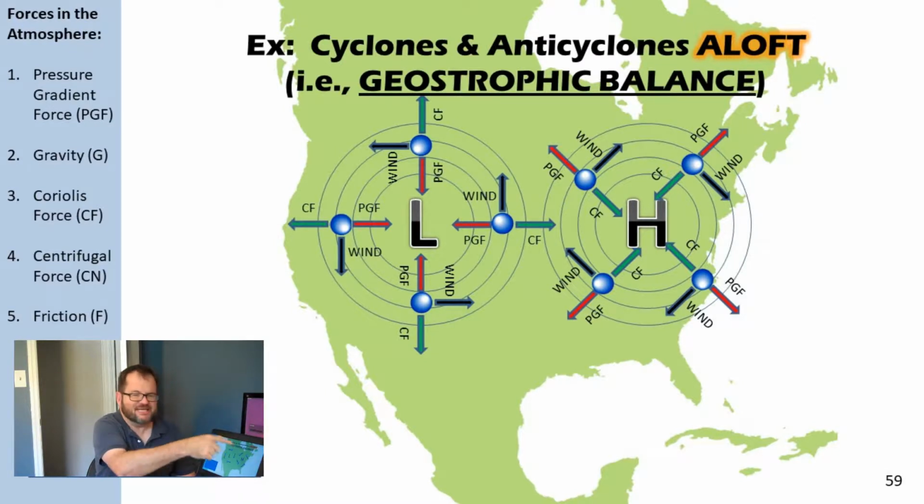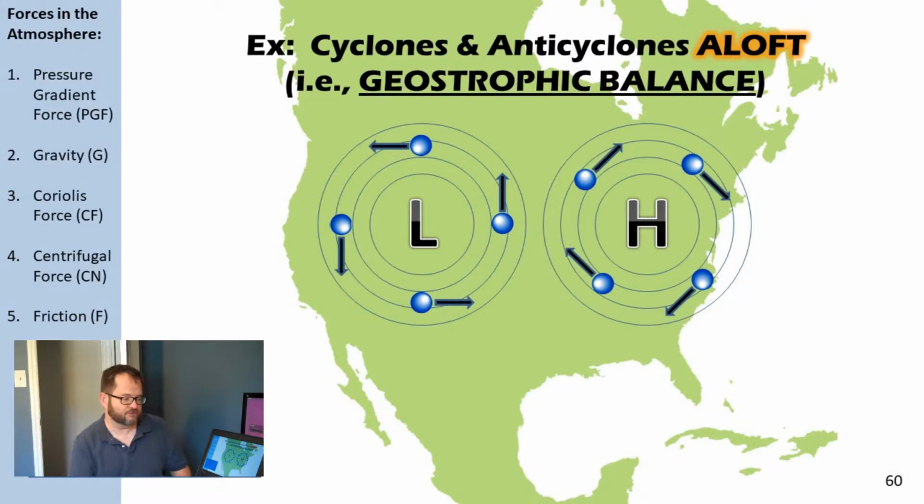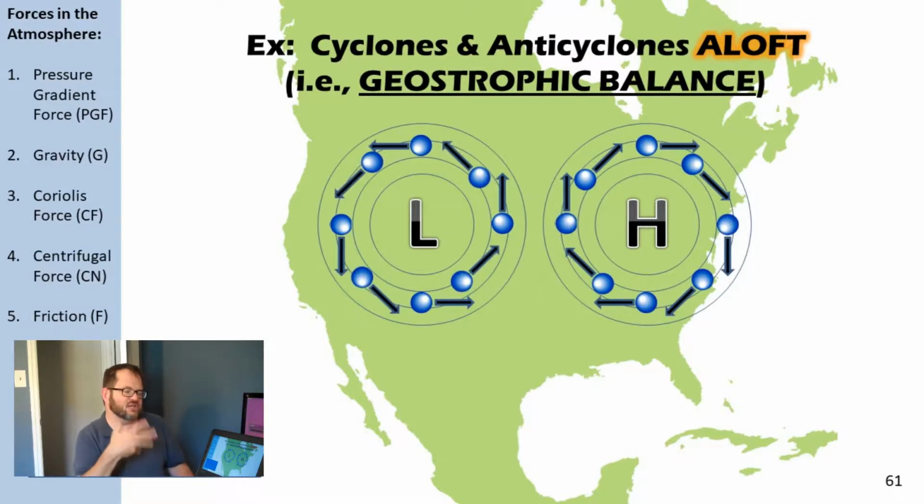At these wind speeds, it would take days and days and days for that air parcel to make it all the way around. We can safely say that the centrifugal force is much smaller, and we can rule it out. So we have this nice rotation in a counterclockwise manner around the cyclone, and this nice rotation in a clockwise manner around the anticyclone. It's a very beautiful, very straightforward thing to think about.